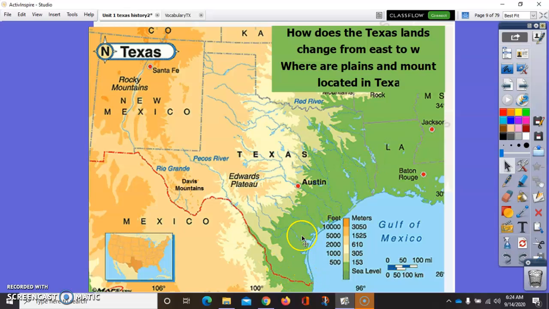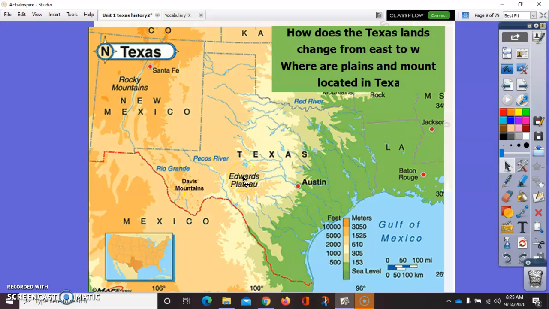Okay, so we have areas of low elevation over here in East Texas. But as we move to the west, what happens to the elevation of Texas? Elevation rises. The land gets higher. So if someone were to ask you where are the mountains in Texas, over here in West Texas, Davis Mountains, Edwards Plateau.